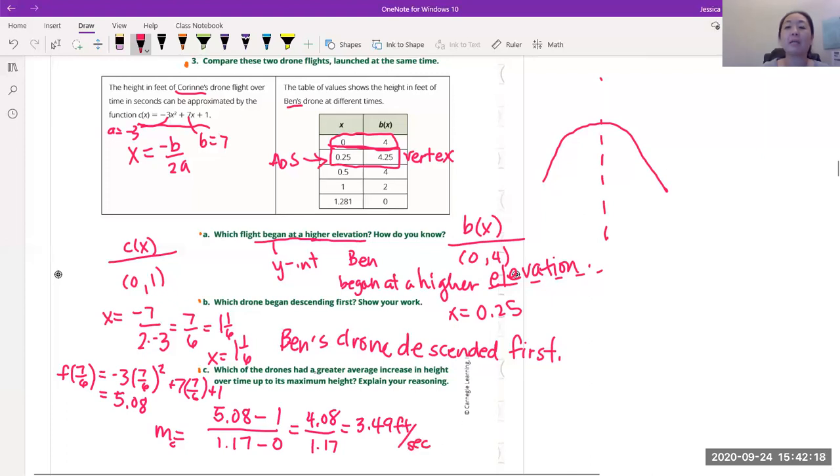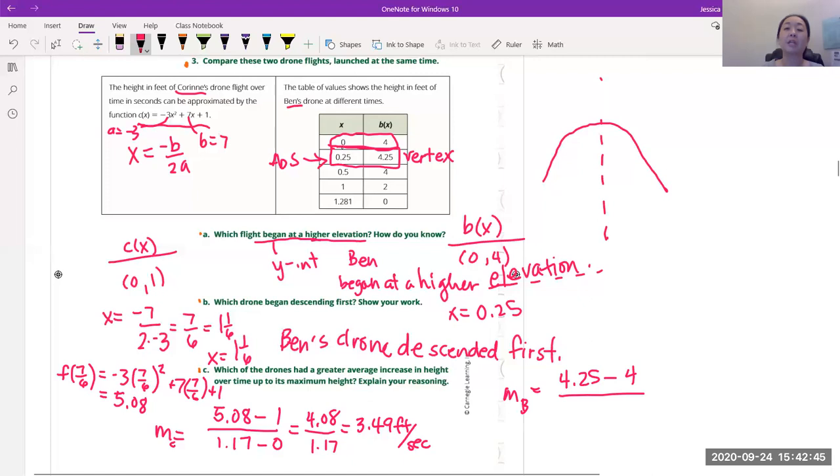And then for Ben, what do we do with Ben? Ben's is a little bit easier, right? Remember we have the starting points and we also have the vertex, right? So the slope for Ben, for Benny boy, is going to be, where do we end up? At the y, 4.25. Where did we start? At 4. I'm getting these numbers right here, if you did not know.